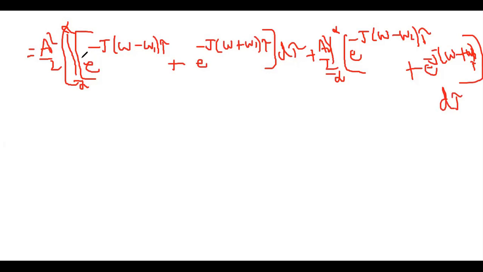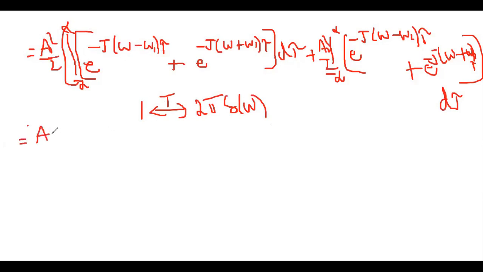Now observe here, it is the Fourier transformation of 1. The Fourier transformation of 1 we know is 2 pi into delta of omega. Here the term with omega is omega minus omega 1.